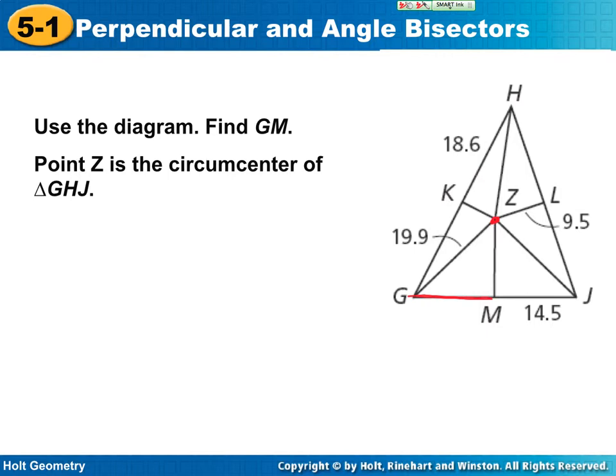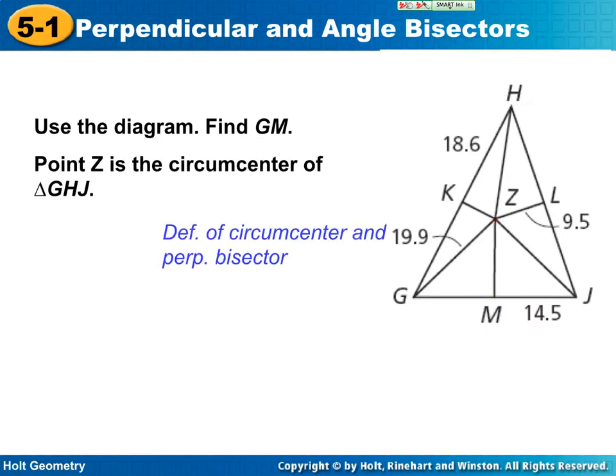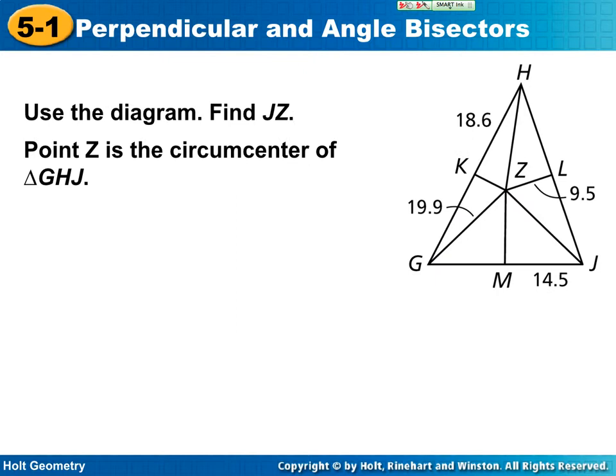What's this point called? Okay. This point is where the three perpendicular bisectors meet. So evidently ZM is a perpendicular bisector. So that's why we would get 14.5. Again, you have to look at the picture and look at what measurements are there. Think about what the directions are telling you.